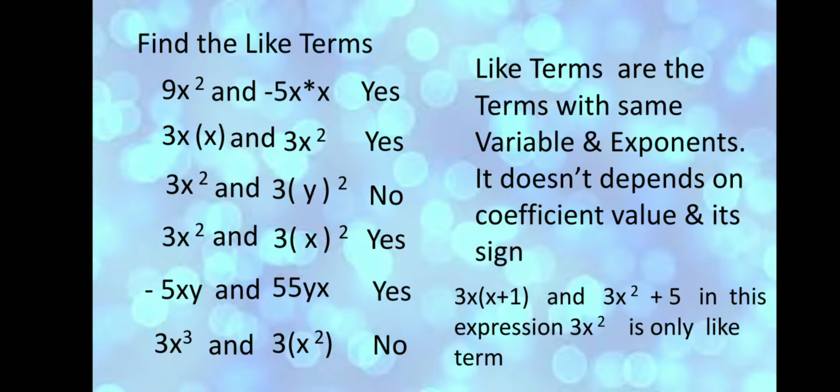There is x cube and there is x square. So that is why this is not a like term. And as I said at the last one, you're able to see 3x bracket x plus 1 and 3x square plus 5. In this, only 3x square is a like term. Your plus 5 is not a like term.